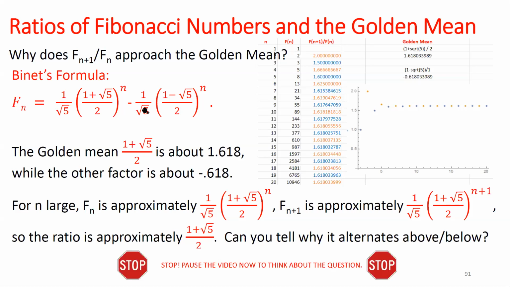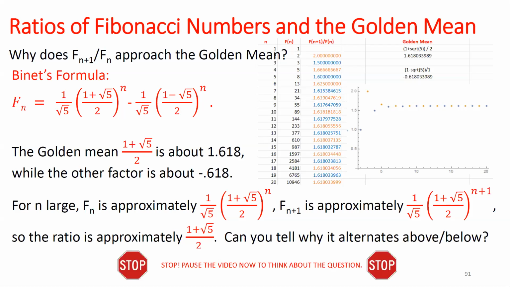If n is odd, and this is negative, what is it to an odd power? Negative. So then if I approximate F(n) by this, I'm a little bit too small.